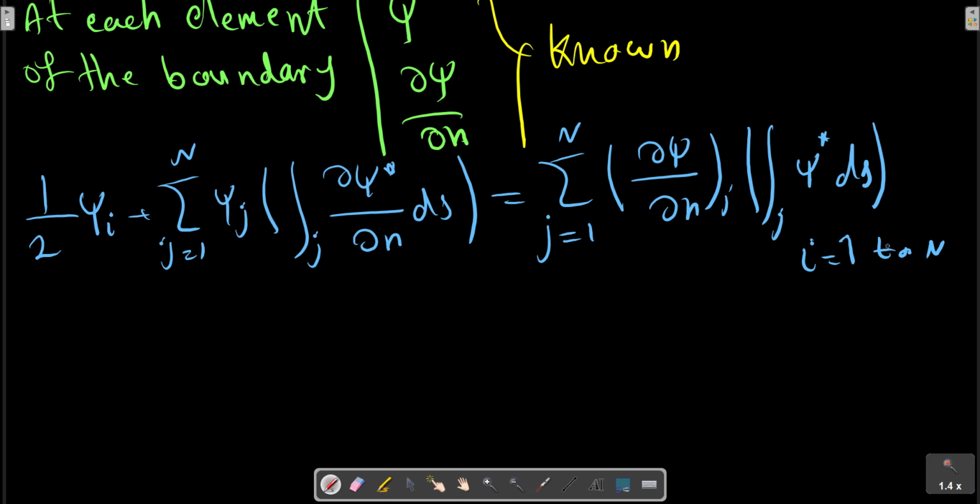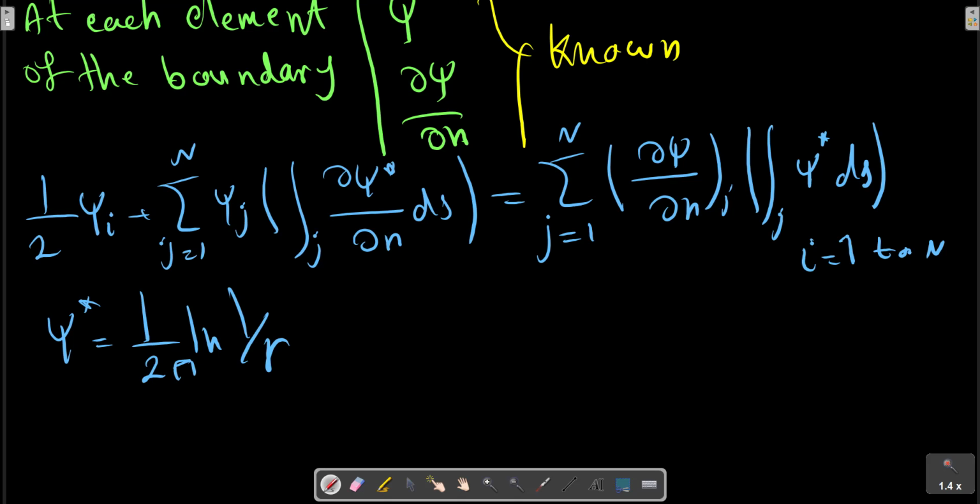The integrals which involve the logarithmic particular solution psi star are evaluated numerically for each element.